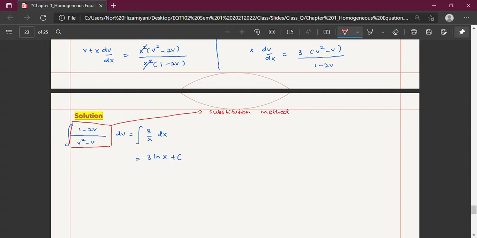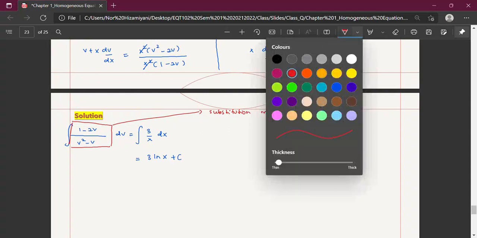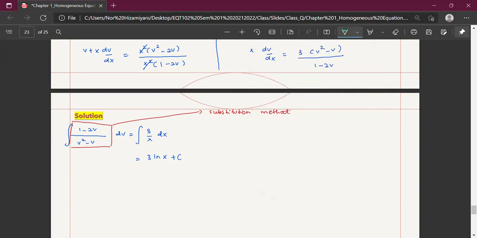Remember, you have to choose u. If you have a fraction, then u comes from the denominator, where u is equal to v² minus v. Then du over dv is equal to 2v minus 1. Now you check your fraction, make sure you have the same function v and also constant 1.